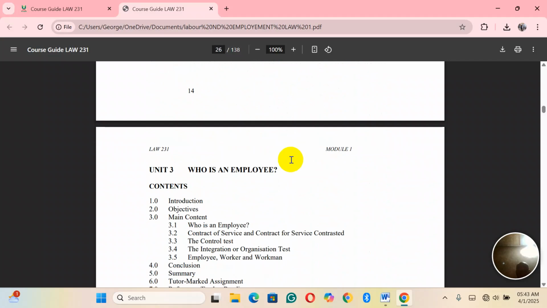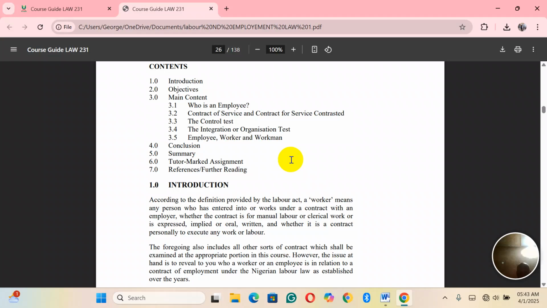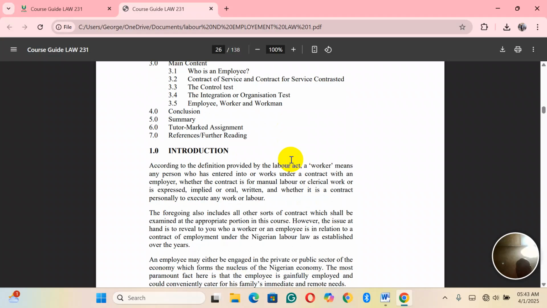We move on to who is an employee. It's a great question. According to the definition provided by the Labor Act, a worker means any person who has entered into a contract with an employer, whether the contract is for manual labor or clerical work, or is express, implied or written, and whether it is a contract personally to execute any work or labor.